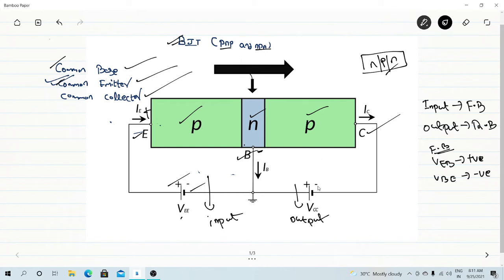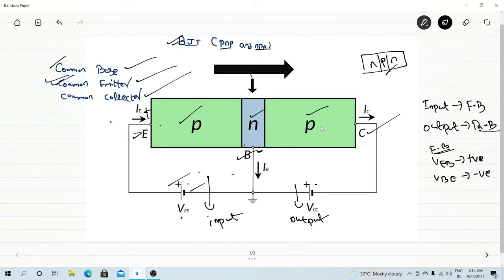Okay, let's come to the output section. The output section should be reverse biased. For reverse bias, this is the P side and this is the N side. N should be more positive. More positive corresponds to high potential, that is, it will be connected with the positive terminal. Positive terminal corresponds to high potential.